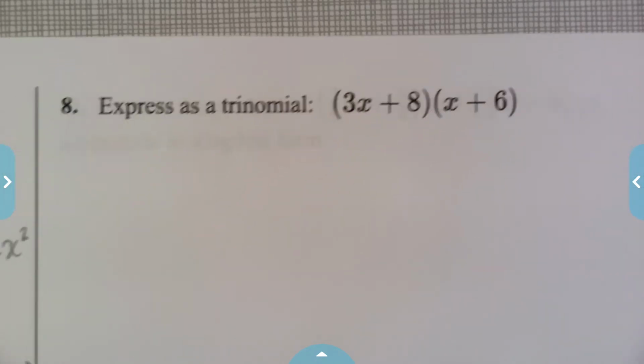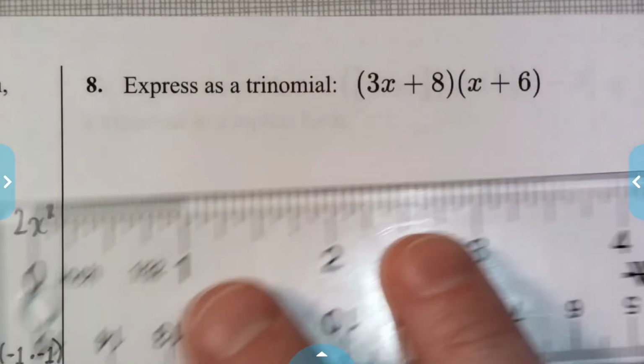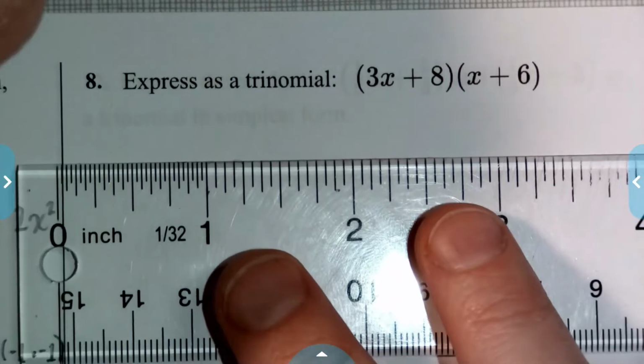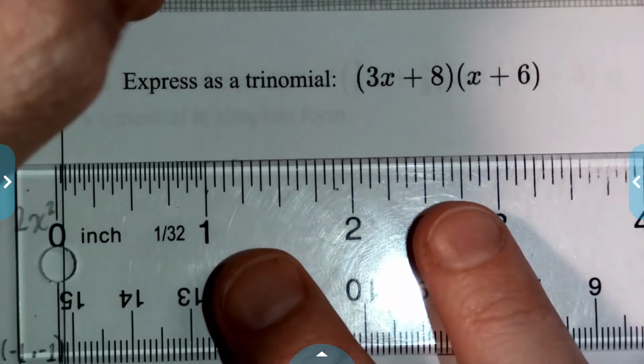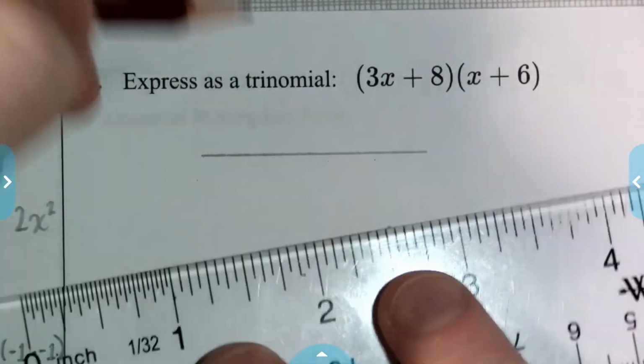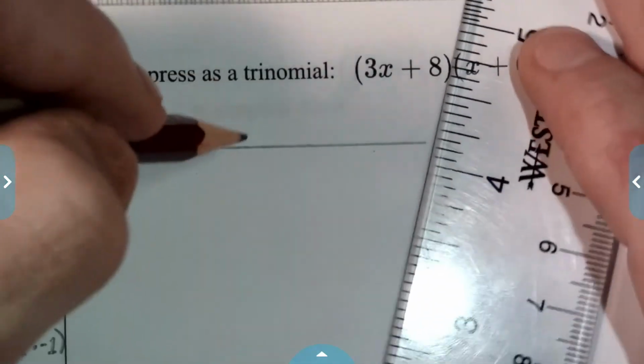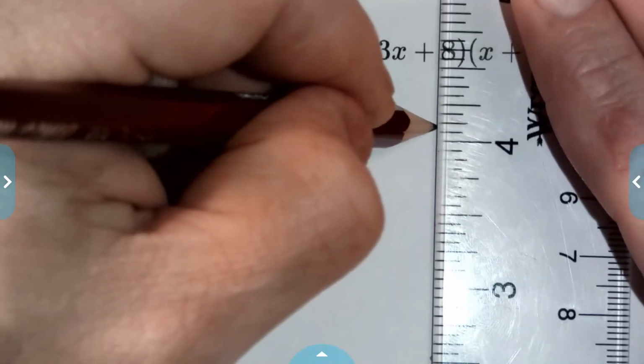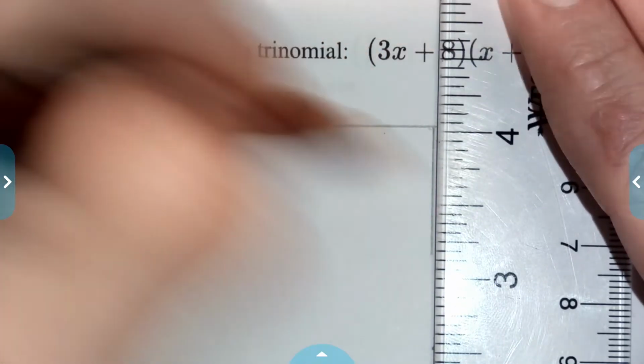We're asked to do precisely the same thing. And here I'm going to use the box method just to remind you of how that works. So we create a box that's going to have 2 columns and 2 rows, kind of like a little window.